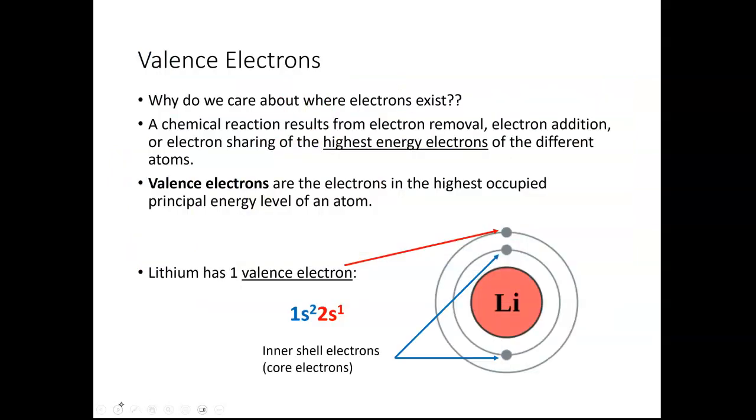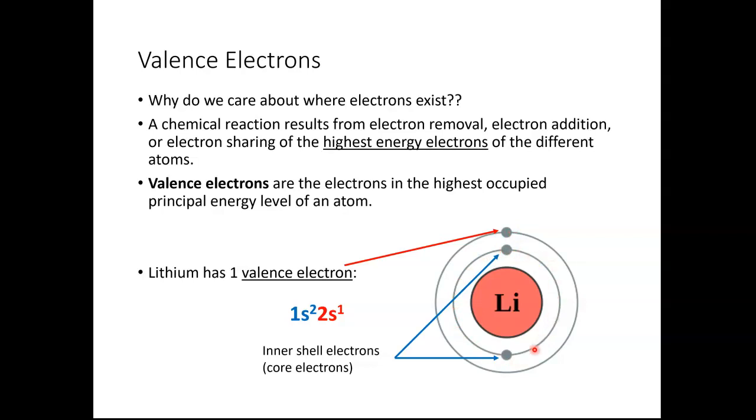So why do we care about this? Well, when an atom is going to interact with another atom in a chemical reaction, only the electrons that are in the outermost energy level can do anything. So here we have the 1s, and it's full.